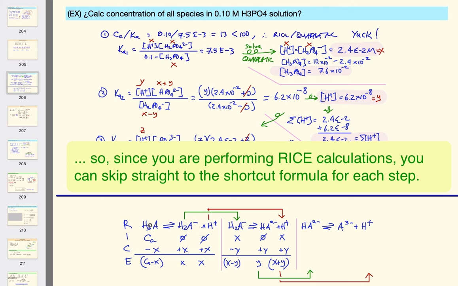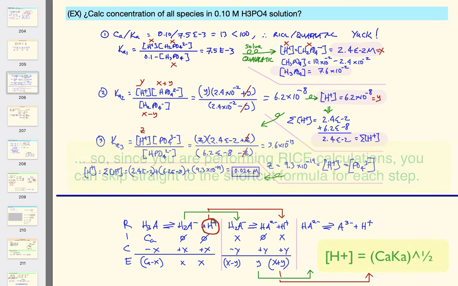For phosphoric acid itself, we know it's going to give up a proton and it's going to generate this single negative charged anion. And you're going to use the regular RICE equation. Since the 0.1 was given, and since the Ka of this was given, or you could look it up, then you can calculate the H plus concentration, same as you did before.